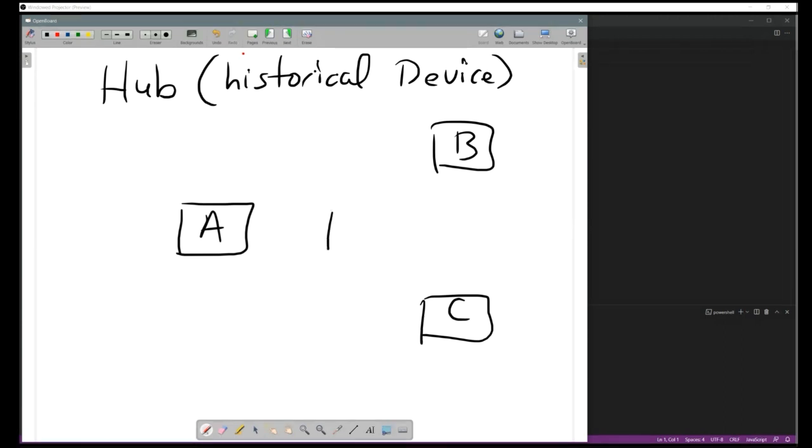Instead, there was this old device called a hub, in which you would connect all your computers to the hub. And the hub itself is a physical layer device.